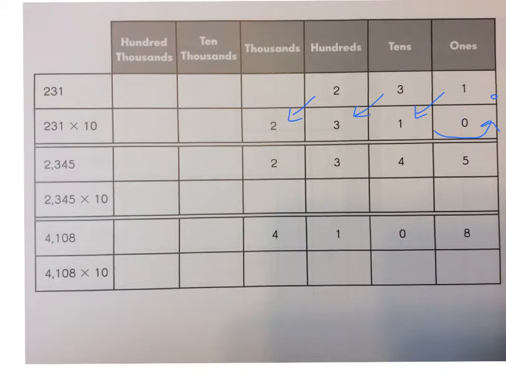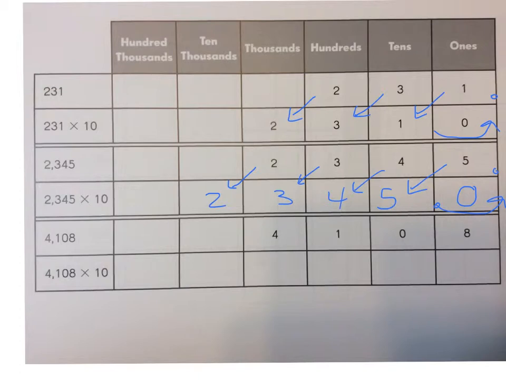Digits left, decimal right. So what will happen in 2,345 when we multiply it by 10? The digits will go to the left, and the decimal went to the right, which is creating an empty spot here to put in a 0.